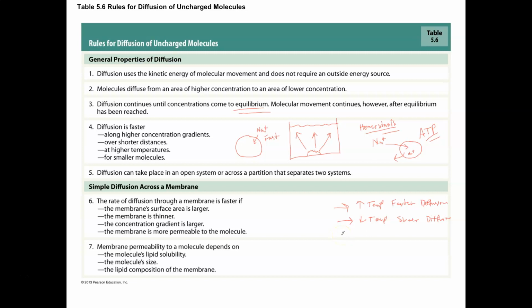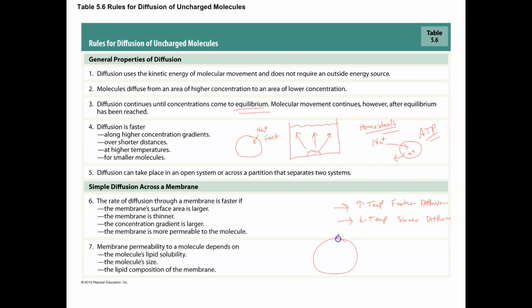Molecular weight and size, I showed you in that previous diagram that larger molecules are going to move slower than the smaller molecules. And so molecular size is a factor in diffusion. And then, I've talked about this before, diffusion can happen whether it's across a membrane or whether you're just in a compartment.